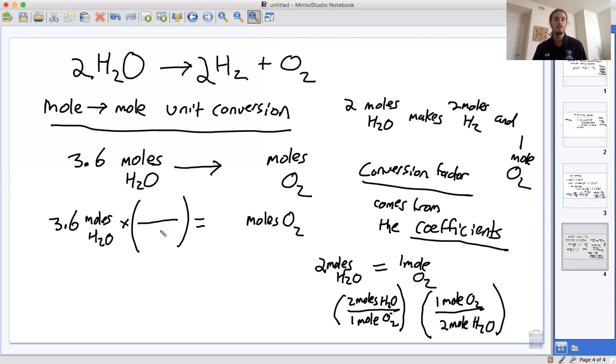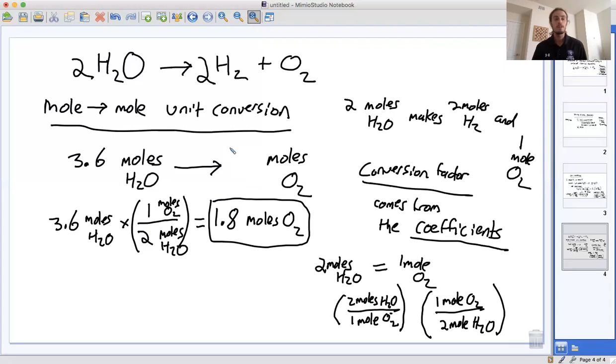So I'm going to want to have moles of water in the bottom, right? So if I look at these two conversion factors, I'm going to use this one on the right here, right? The coefficient of water goes on the bottom. Coefficient of oxygen will then go on the top. Right, so then 3.6 times 1/2, well, that's going to give me the moles of O2 produced.